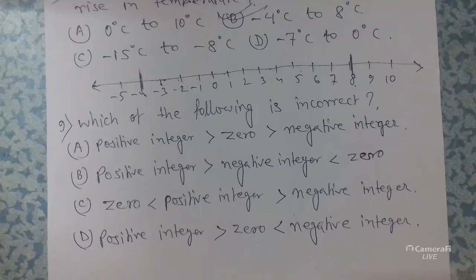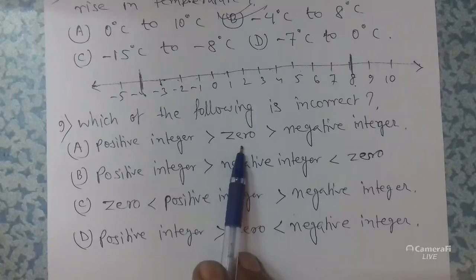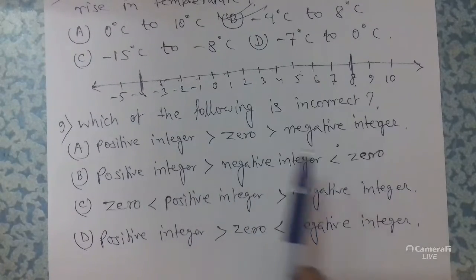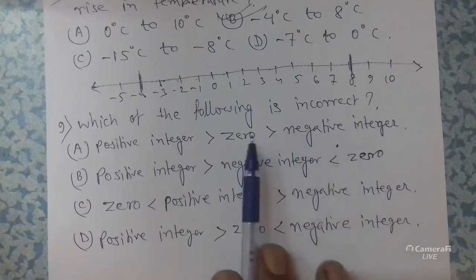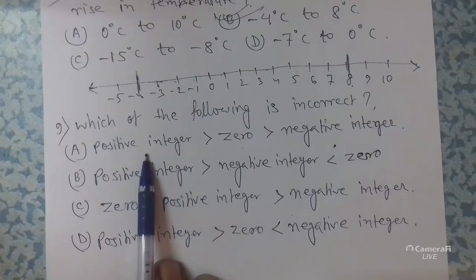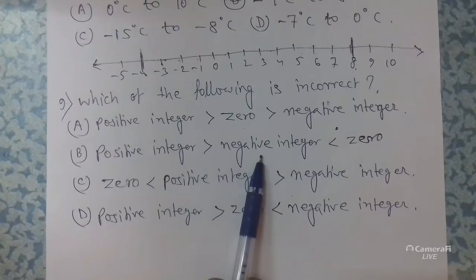So that means among the 4 options, 3 are correct and 1 is incorrect. So see the first one, positive integer is greater than 0 is greater than negative integer. So obviously it is correct because 0 is greater than negative integer and positive integer is greater than 0.